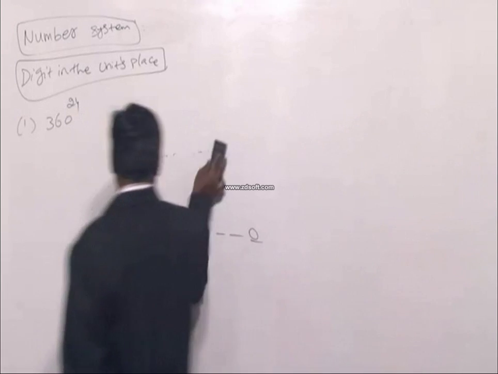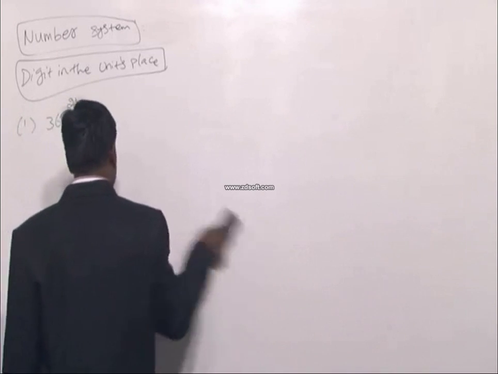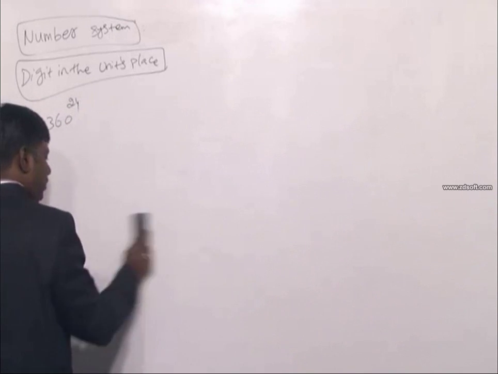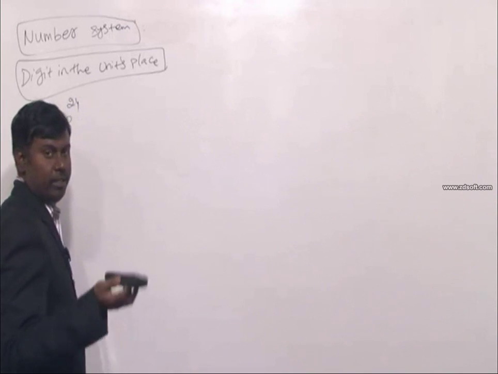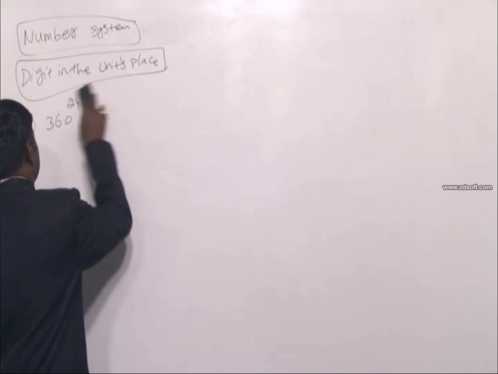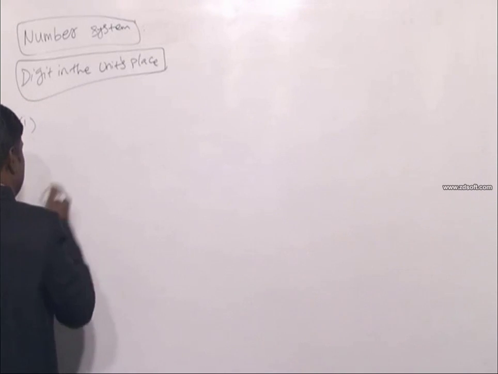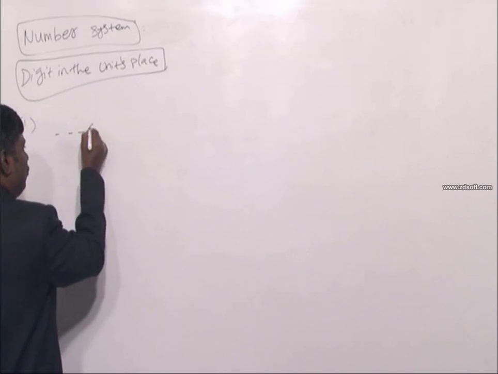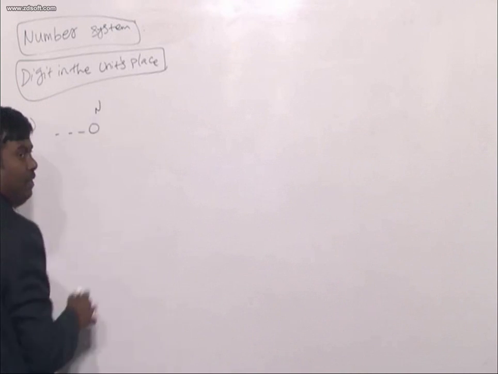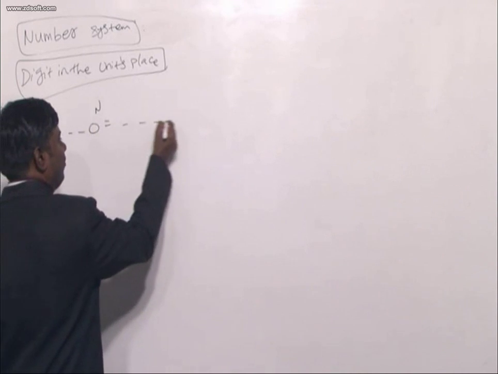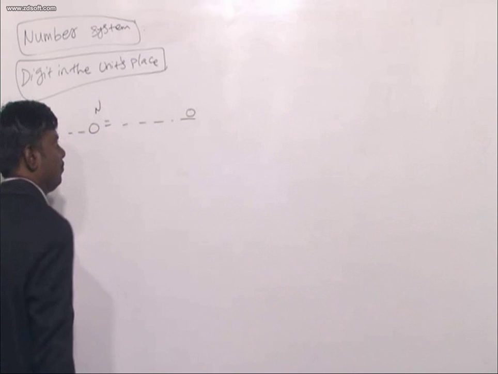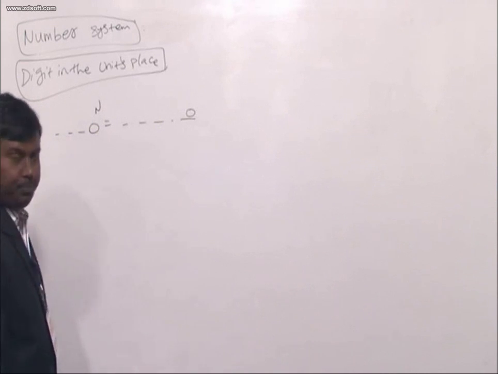So, a number that ends with 0, consider any power to it, I'm talking about natural numbers, a number that ends with 0 power n will have last digit as 0, right? Next.